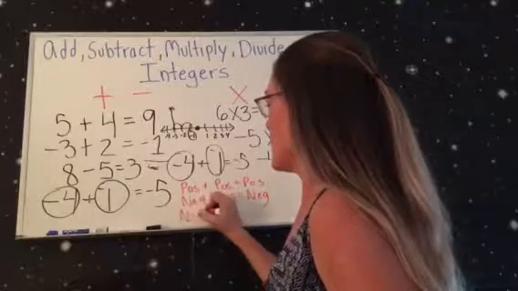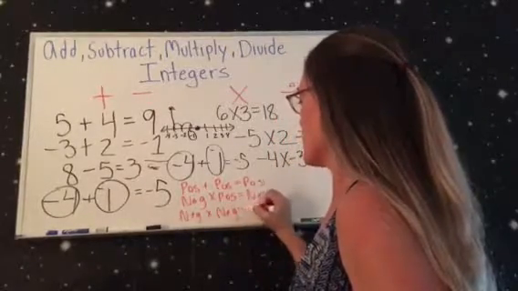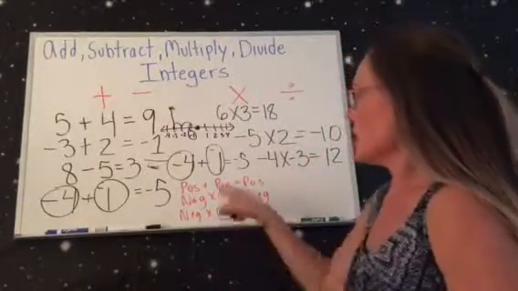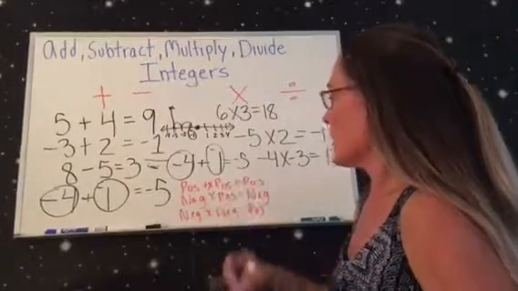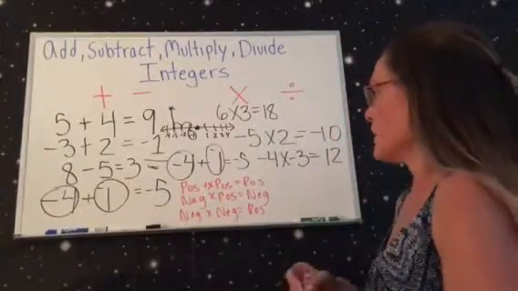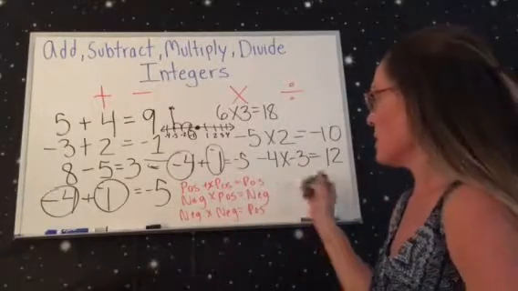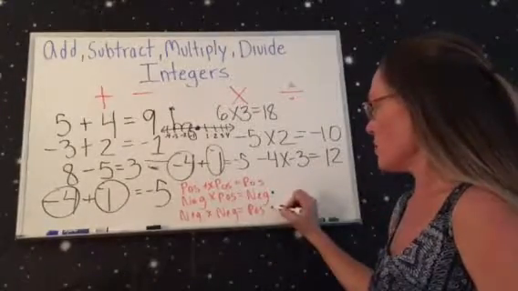And then a negative times a negative gives you positive. You can take the first one as adding and multiplying. But these two are really important to remember. The negative times positive equals a negative, and then the negative times a negative equals a positive.